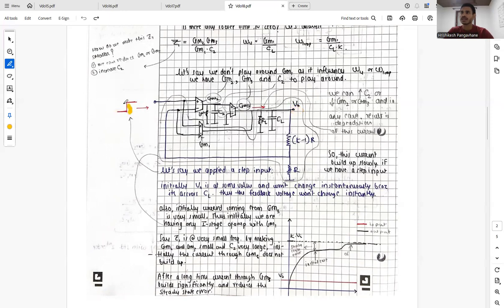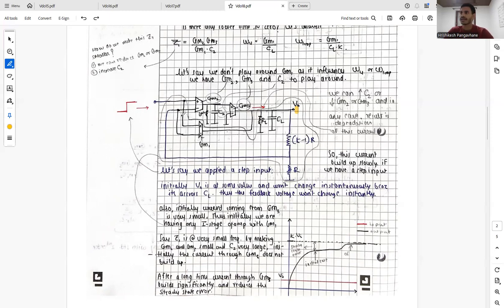But now v in changes instantly, while v naught won't change instantaneously, as it is across the capacitor CL. Thus the feedback voltage won't change instantly. And also initially the current coming from GM3 is very small. Thus initially we have only the first stage of the op-amp working.